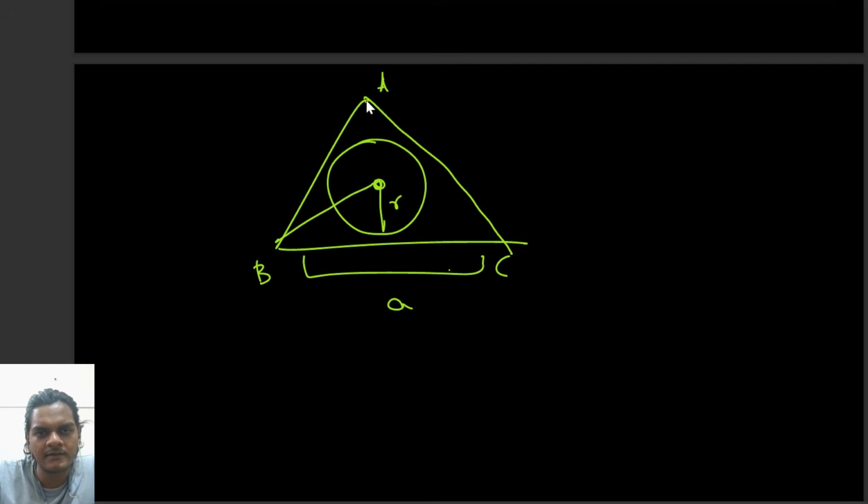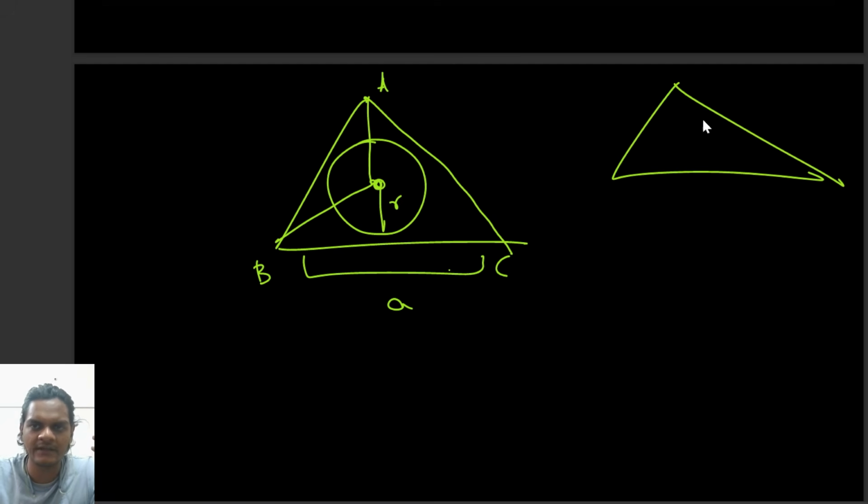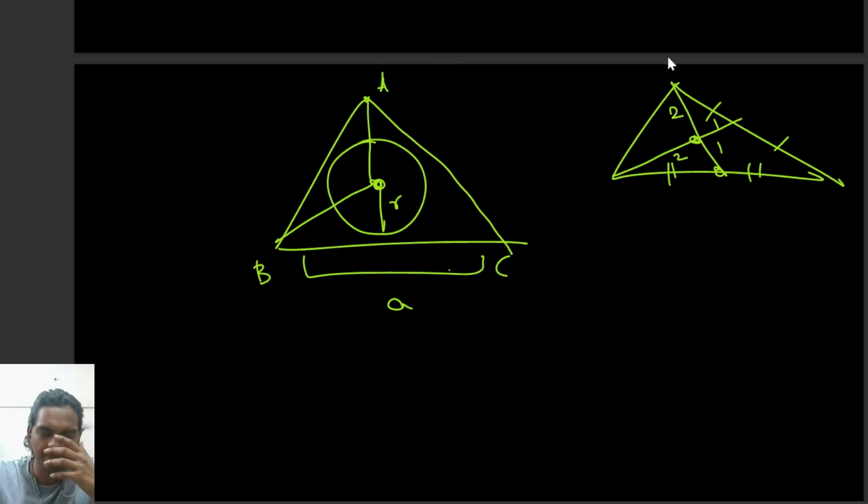This R, if this is R, then the centroid divides the median in 2:1 ratio. I hope you all know that. In any triangle, that is generally true. If this is a centroid, then this divides in 2:1 ratio, right?